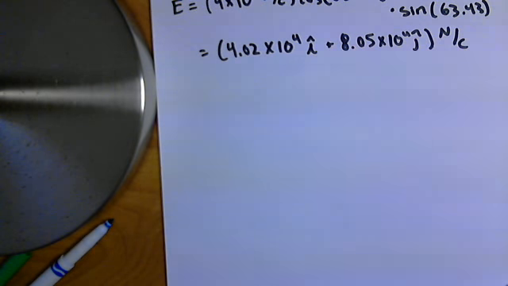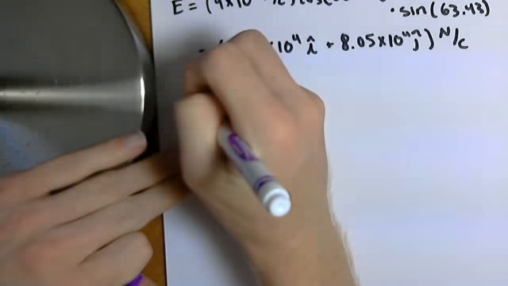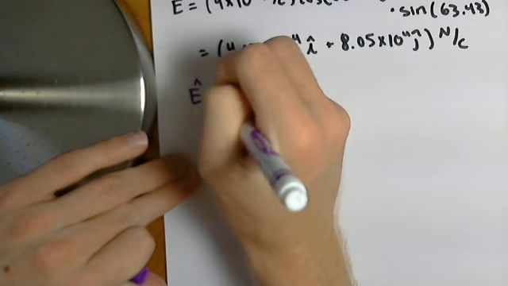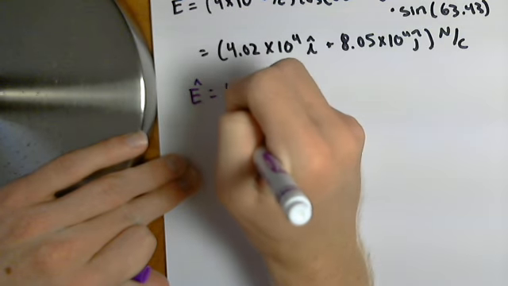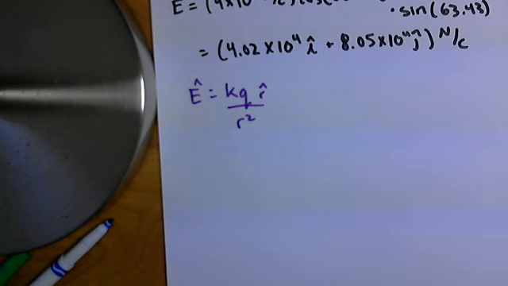Now we're going to go on to find the second electric field. We'll use the same equation as before, E hat equals K Q R hat over R squared, and we will plug in the numbers once again.